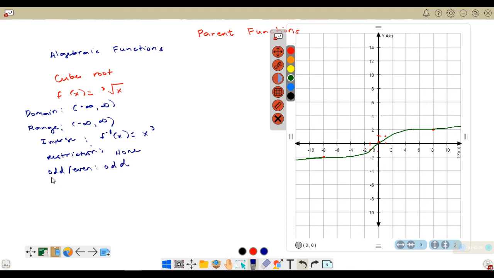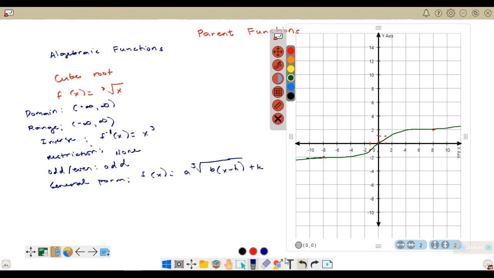What is the general form? So, for the general form, we have f of x is equal to a cube root of b times x minus h plus k. Okay? So, I hope that was clear.